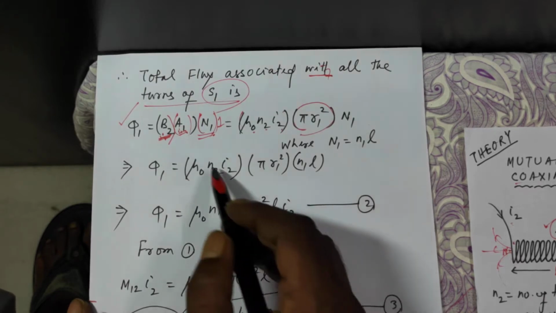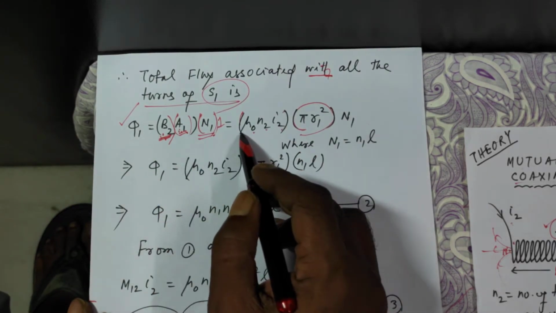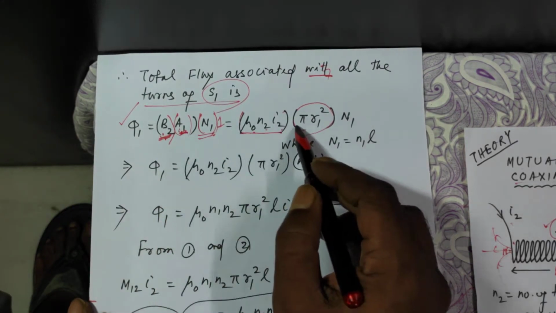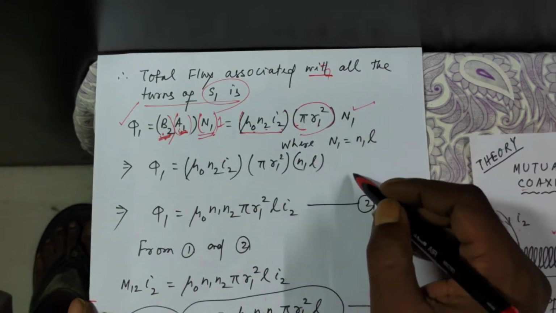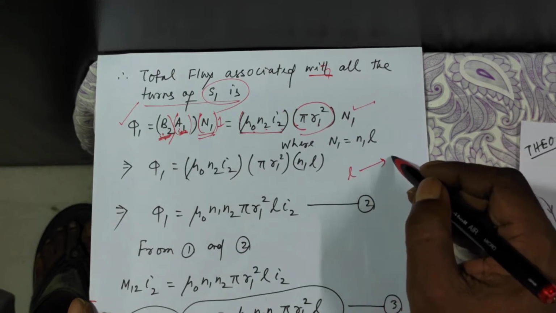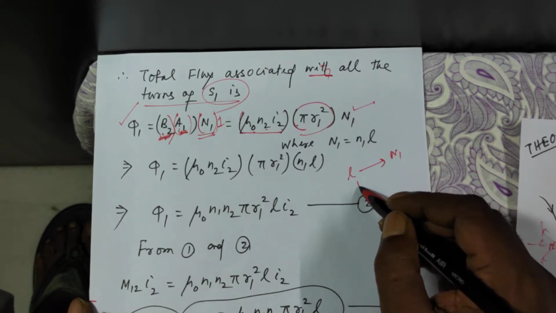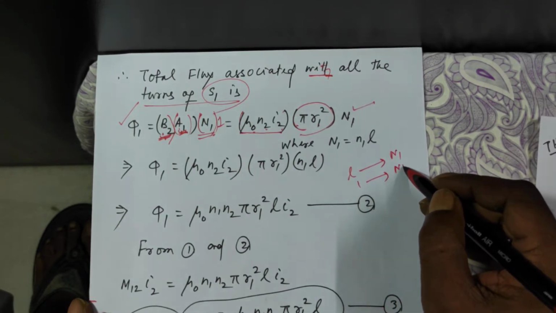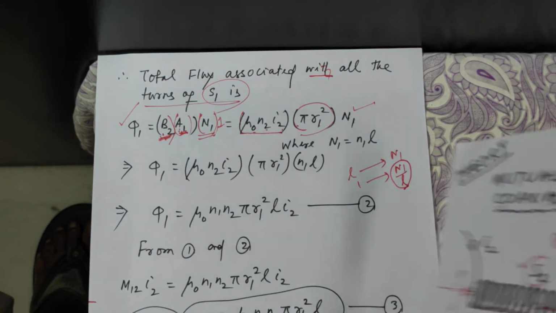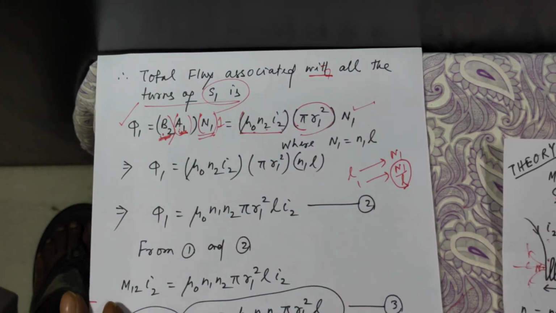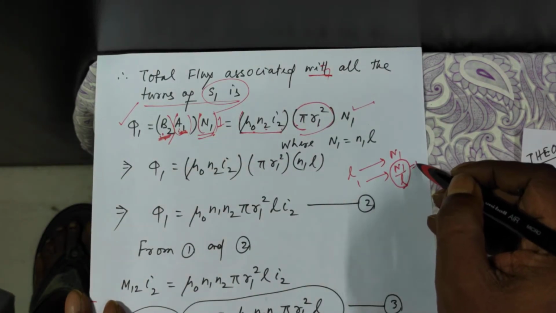So for B2 I substitute the value of B2, A1, pi R1 square N1. Now what will be N1? In L length the total number of turns was N1. So in unit length the total number of turns was N1 over L for the solenoid S1, the red one. So this was called small n1.